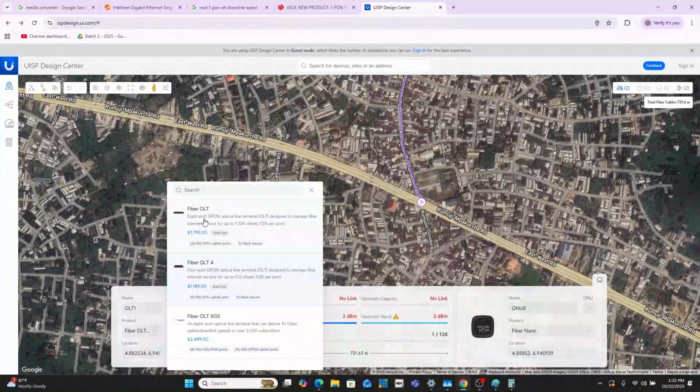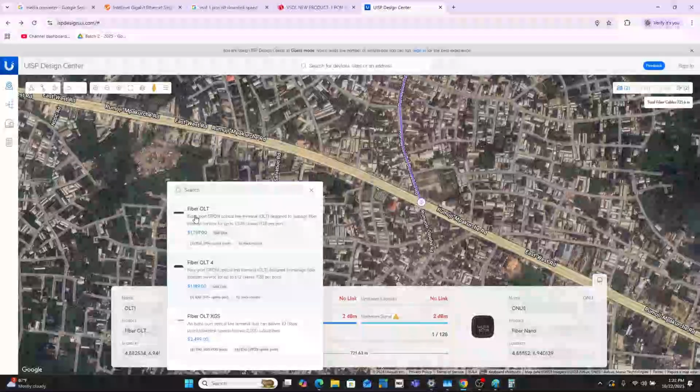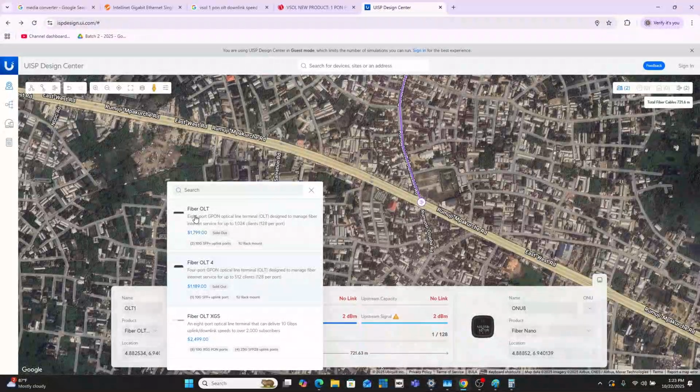It means you're buying an 8 PON OLT, having how many ports? 8. So that means you now have a maximum of 50 times 8 if you plan very well, isn't it? 50 times 8, how many customers is that?